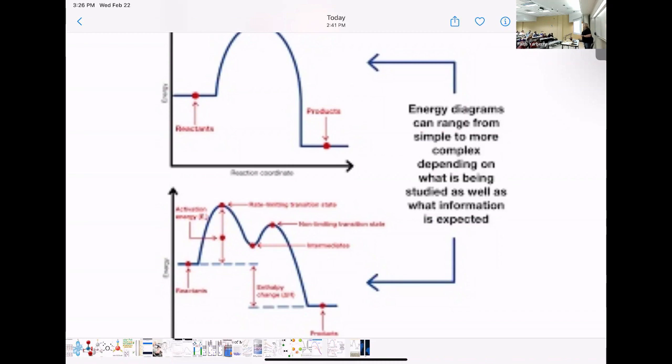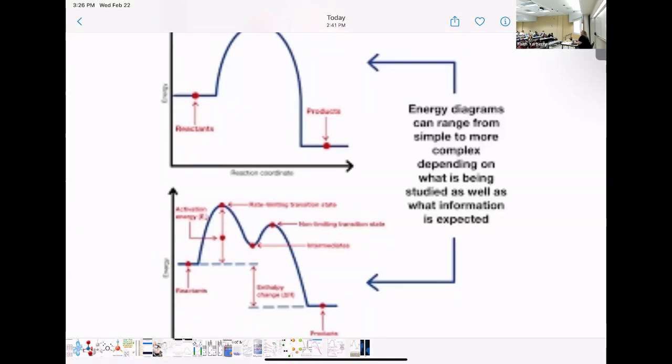So you have transitions at the top and intermediate in the trough. We will be discussing those in a lot more detail when we get to reaction mechanisms too.